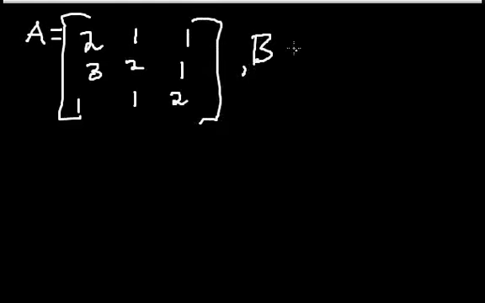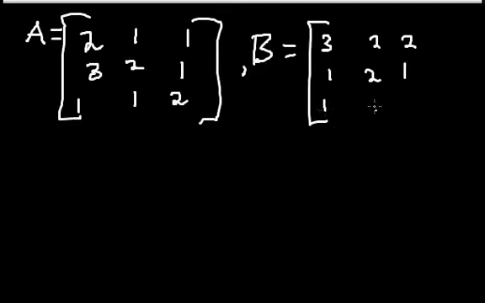Then I have P to be equal to 3, 2, 2, 1, 2, 1, 1, 1, 1. Okay. So A times P.